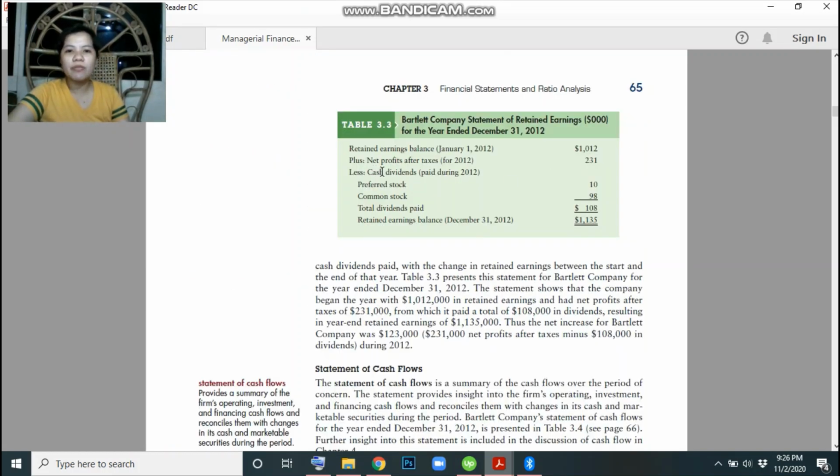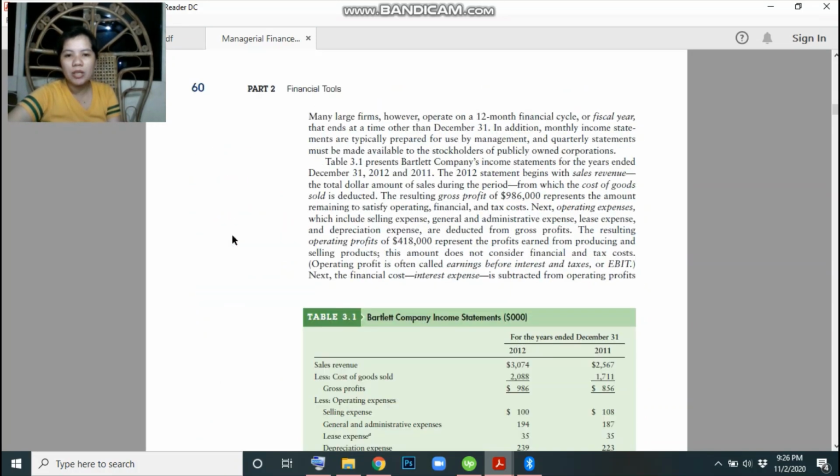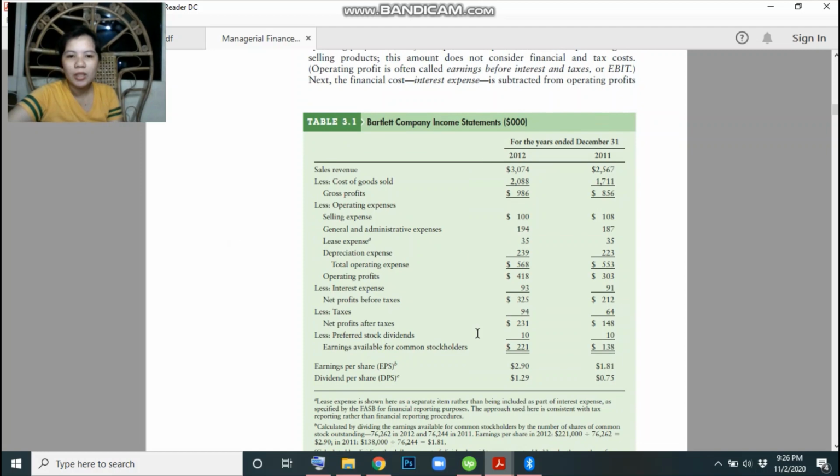Minus the cash dividends during 2012. Where can we find the cash dividends during 2012? The preferred stock has cash dividends of $10,000, and the common stock has cash dividends of $98,000. Where do they come from?